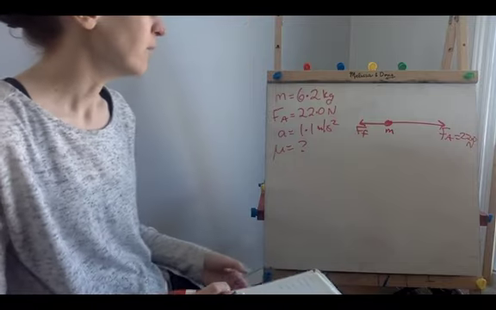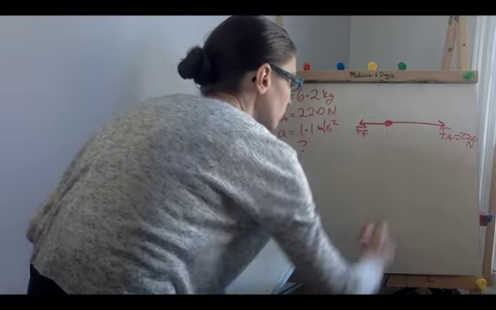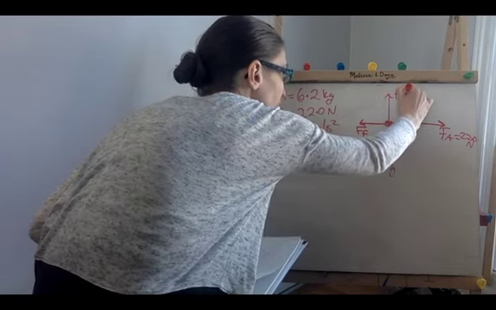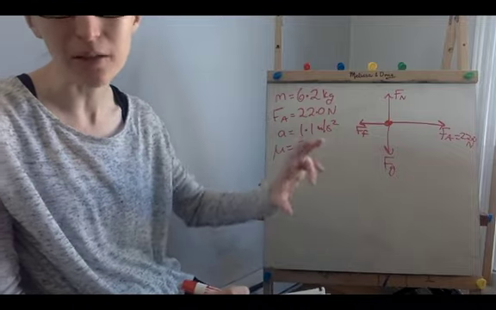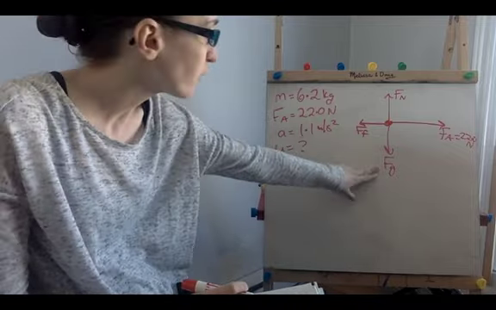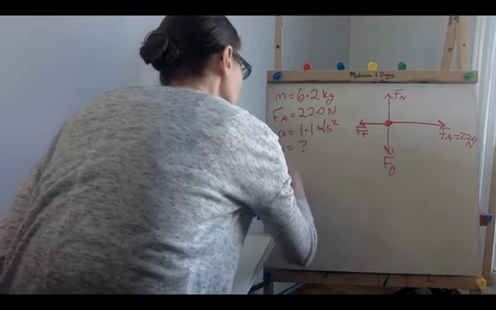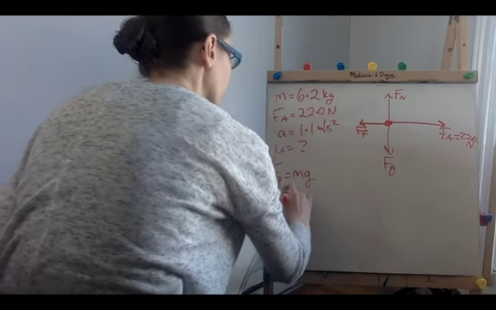So we have the other forces still acting on that particular mass. We still have our force of gravity here, and we have our normal force here. Again, these would be equal but opposite because we're not moving up or down, so they would just be in balance. Now, we can find our force of gravity because we have the mass and we know we're on Earth, so we can solve for Fg by taking our mass multiplied by gravity.